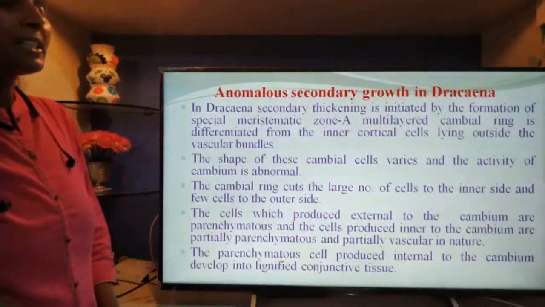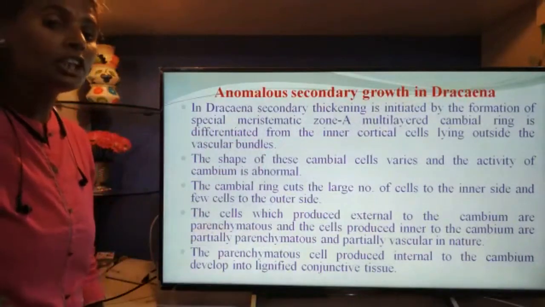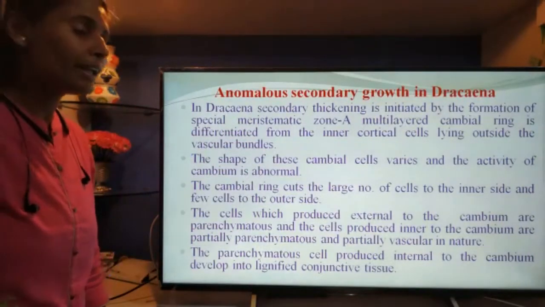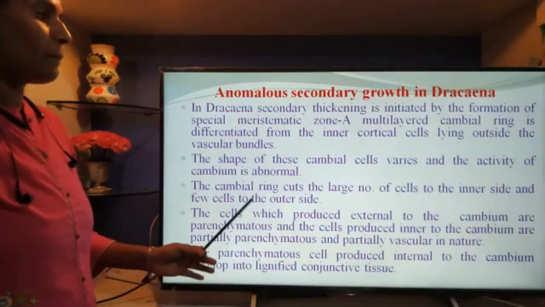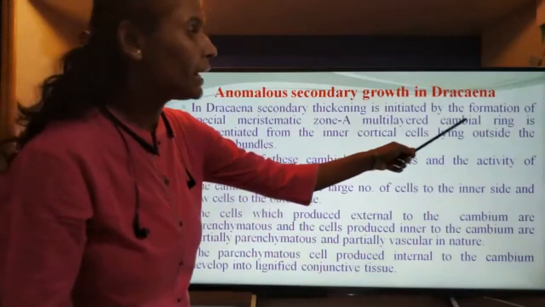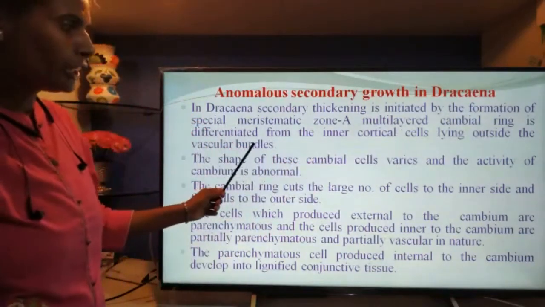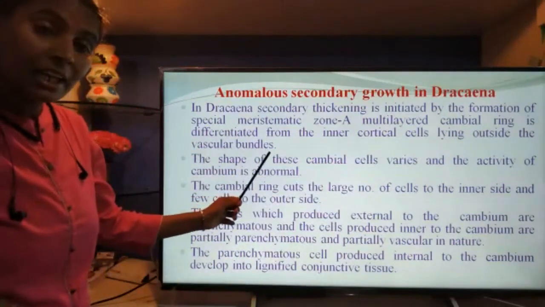In dracaena, secondary thickening is initiated by the formation of a special meristematic zone. Meristematic zone means the cells which have actively dividing capacity. As a result of their division, a multi-layered cambial ring is differentiated from the inner cortical cells lying outside the vascular bundle.